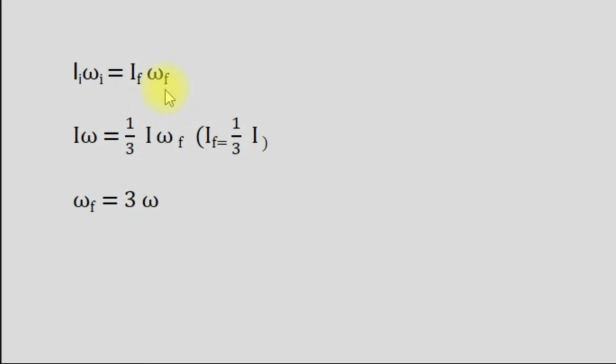So omega f is equal to I omega divided by 1 by 3 I. Here the value of I_f, the final moment of inertia, is given as 1 by 3 I. So substituting this value and simplifying, we have omega f is equal to 3 times omega. So the final angular velocity is equal to 3 times the original value.